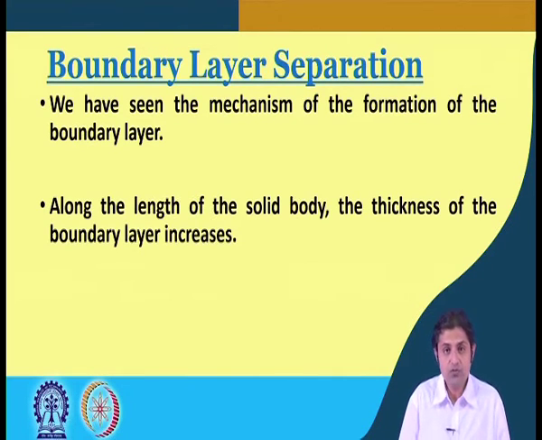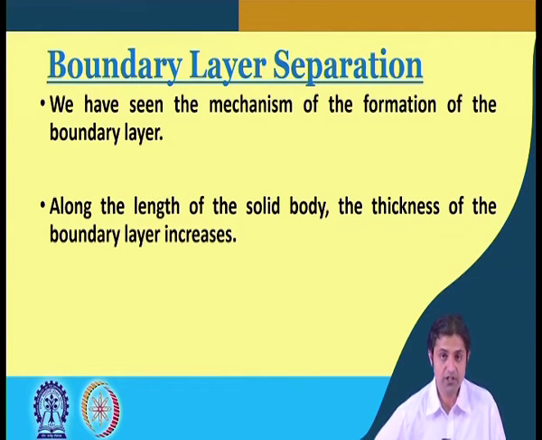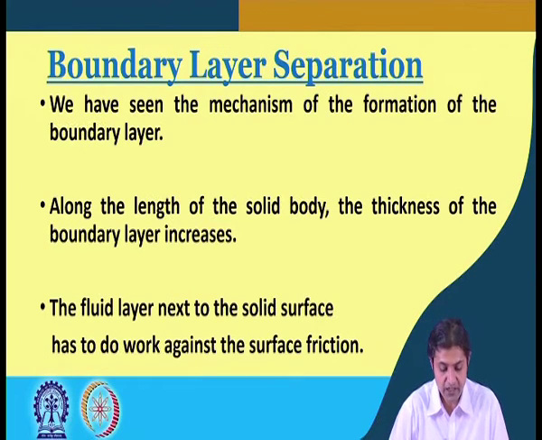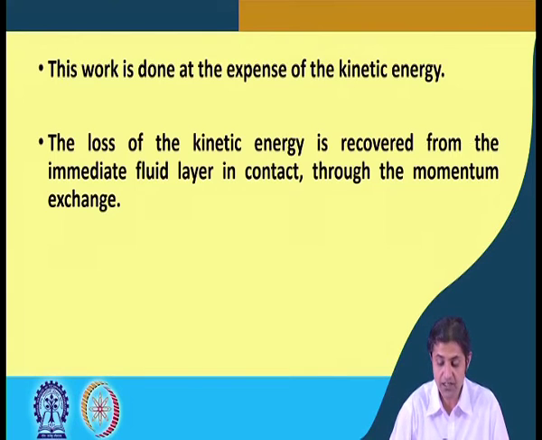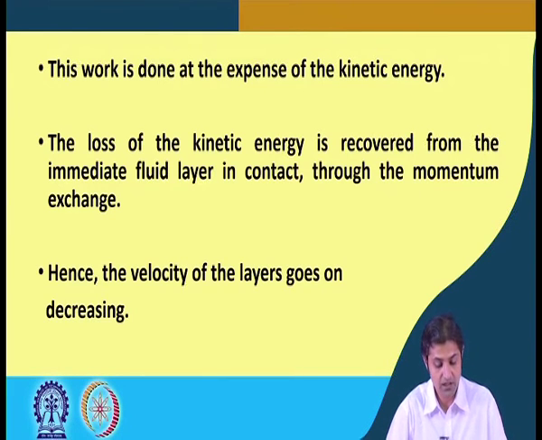Along the length of the solid body, the thickness of the boundary layer increases, and the fluid layer next to the solid surface has to do work against the surface friction. That is true, and this work is done at the expense of the kinetic energy. The loss of the kinetic energy is recovered from the immediate fluid layer in contact through the momentum exchange. Hence, the velocity of the layer goes on decreasing.